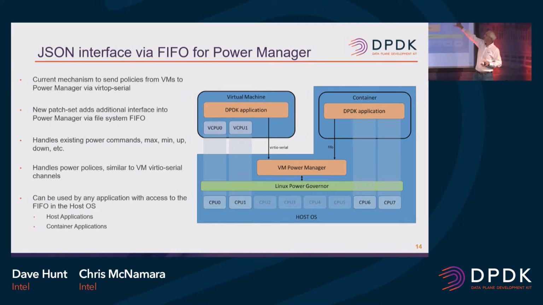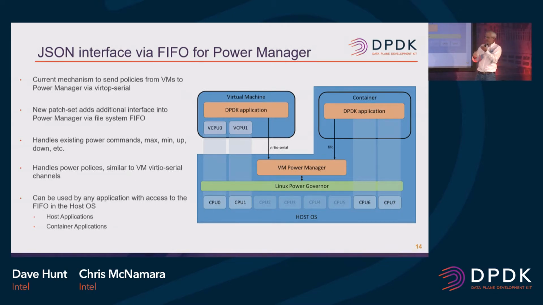So what we've added in is this new link here through a FIFO, and it looks exactly the same to the VM Power Manager. We added a new FIFO into the ePoll mechanism that's in VM Power Manager, so there's just another channel in there, and it looks exactly like the VirtIO serial channels in that it's receiving data on an ePoll, and when it gets an interrupt, it's all control paths.